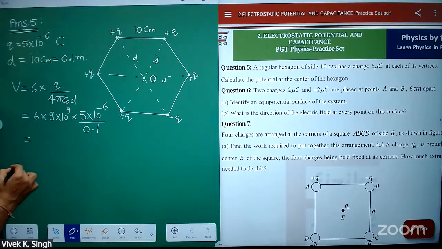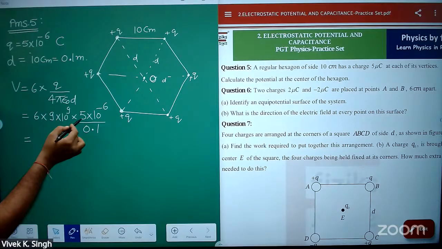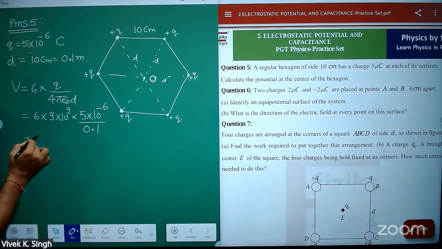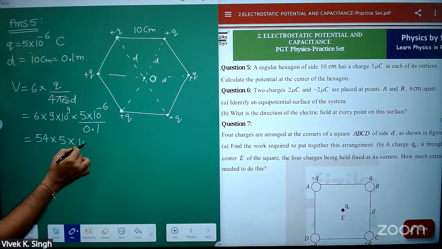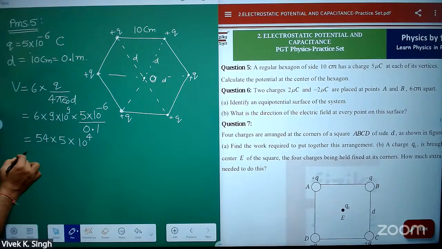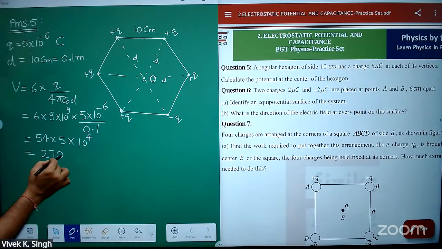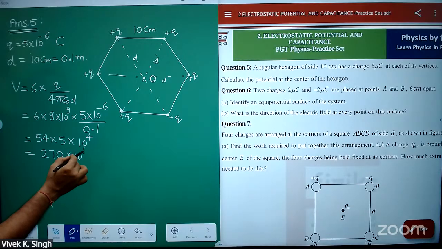and this will give you 54 into 5, and this is into 10 to power 4.